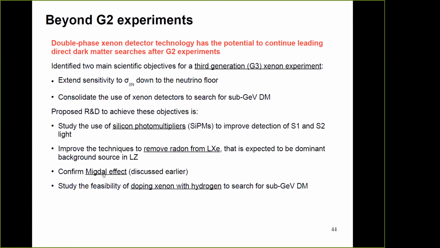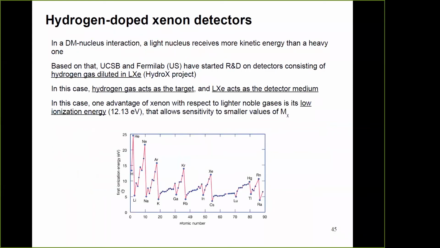Confirm the Migdal effect, which I have discussed, and also going towards the detection of sub-GeV matter, study the feasibility of using xenon detectors doped with hydrogen for searching for low energy, low mass matter.